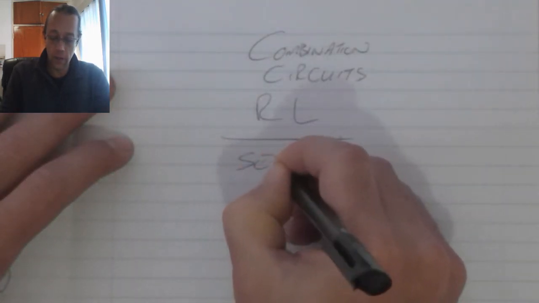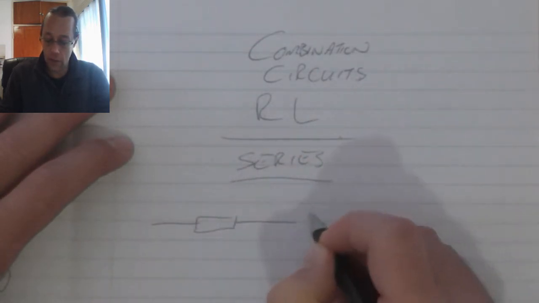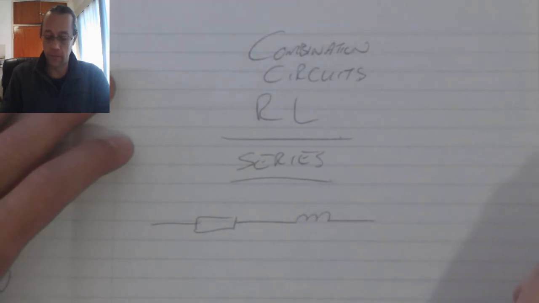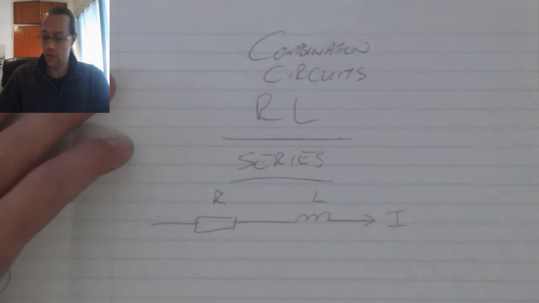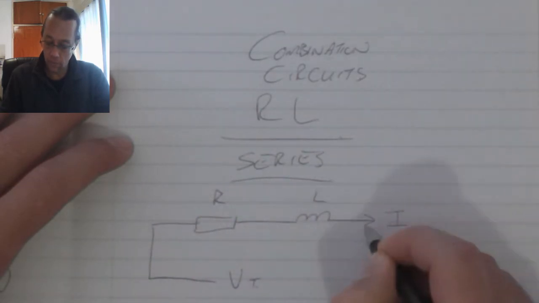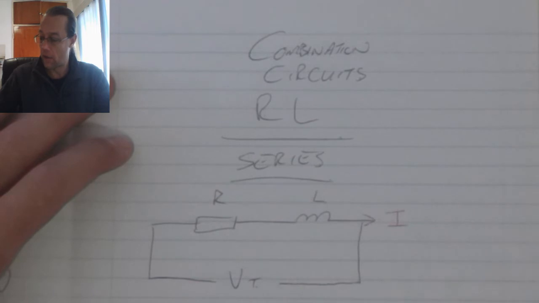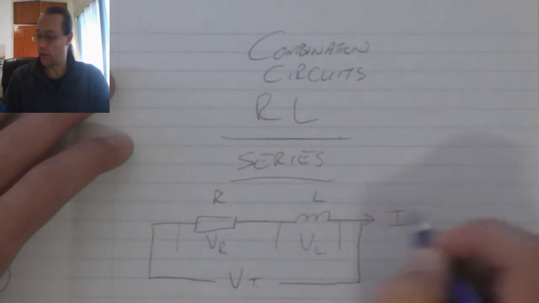Firstly, in series. Looking at the resistor and the inductor, R and L. In series, we know that my current flow is going to be my reference, and as a result, the supply voltage that I connect is going to divide over my resistor and my inductor.